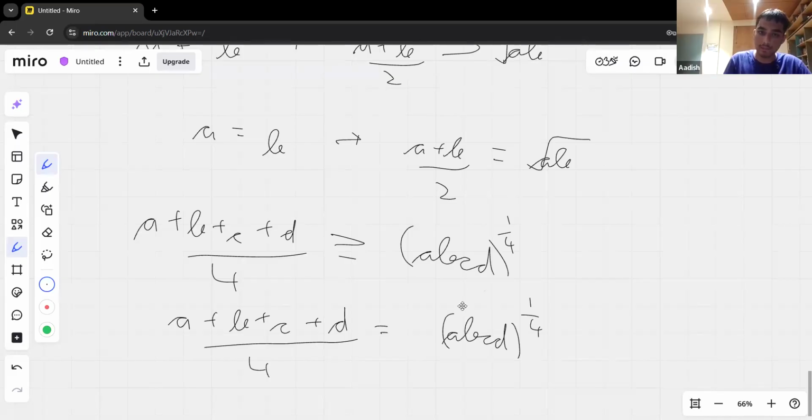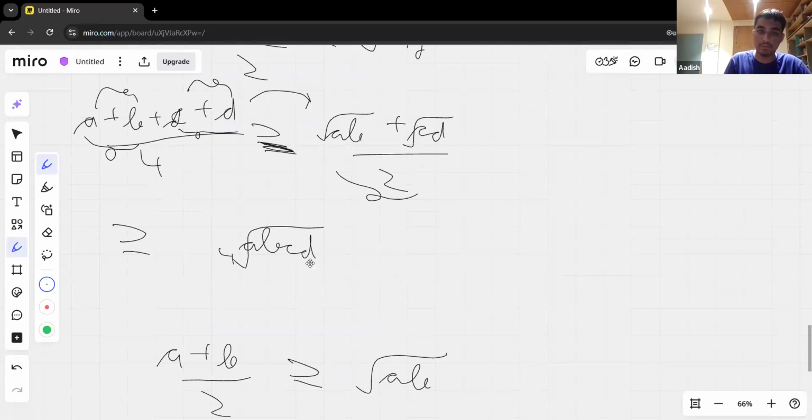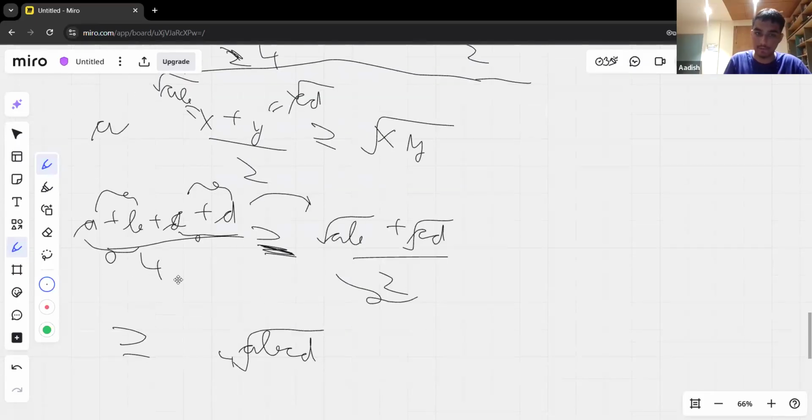Now, go back to the proof. Our proof was in two steps. We first prove (A plus B plus C plus D) by 4 is greater than or equal to this thing, and then we prove this thing is greater than or equal to the fourth root of ABCD.